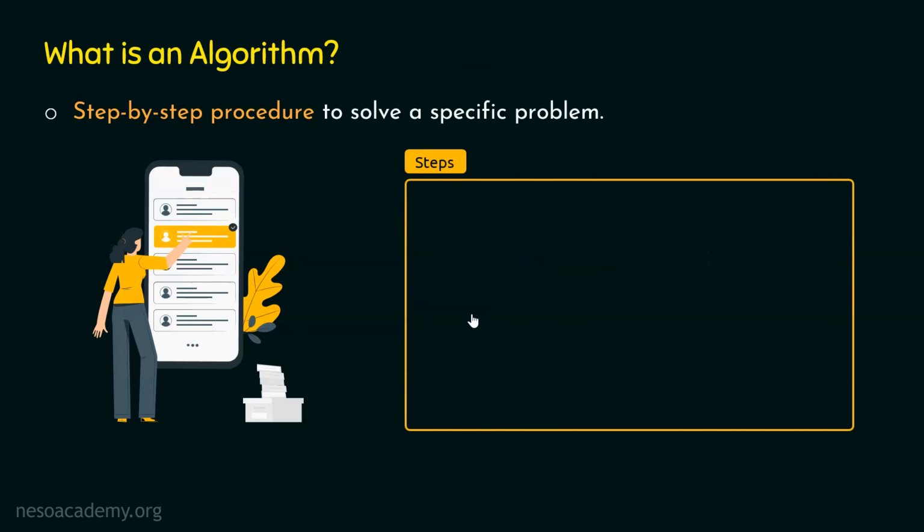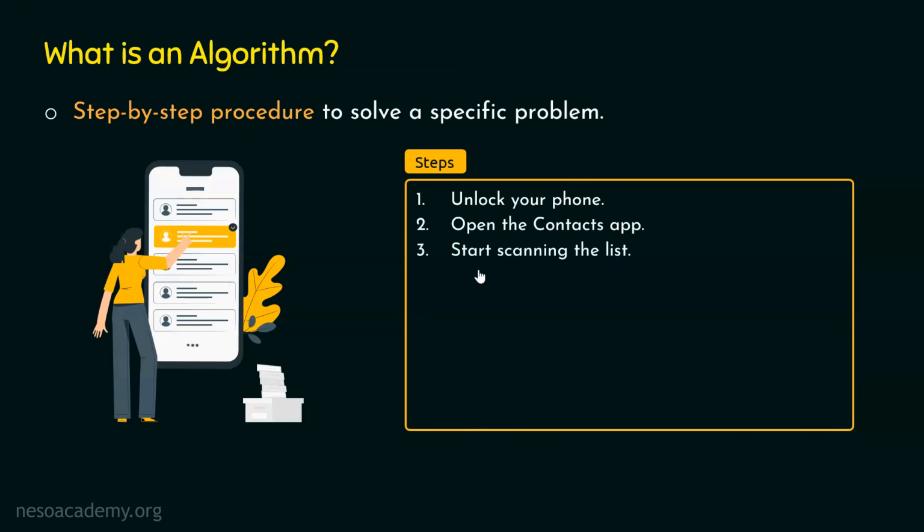The very first step is to unlock our phone. Then we need to open the Contacts app. After opening the Contacts app, we can start scanning the list. Then we are ready to compare the contact name with the desired contact name.